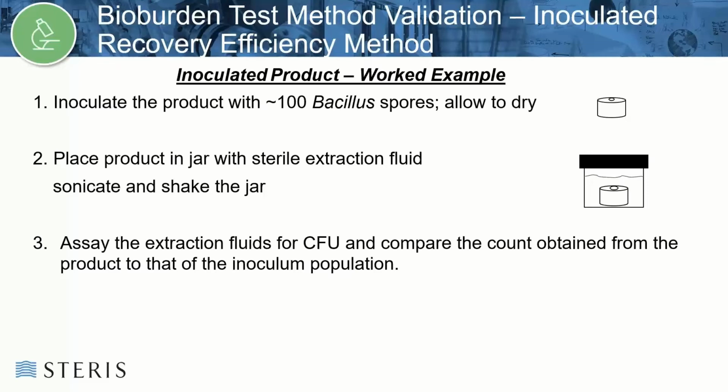In this example, sonication followed by shaking was used. The extraction fluid is then filtered or pour plated to determine the number of CFU present in the fluid, or the number of organisms recovered or removed from the product. The CFU value is compared to the initial inoculum population to calculate the correction factor.